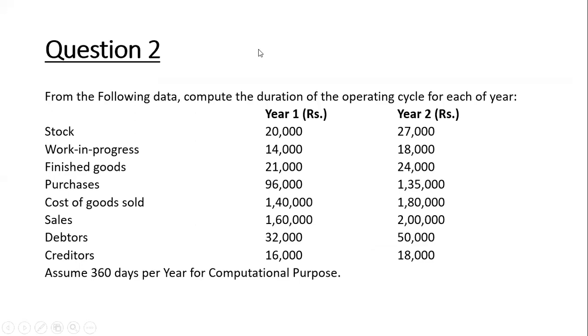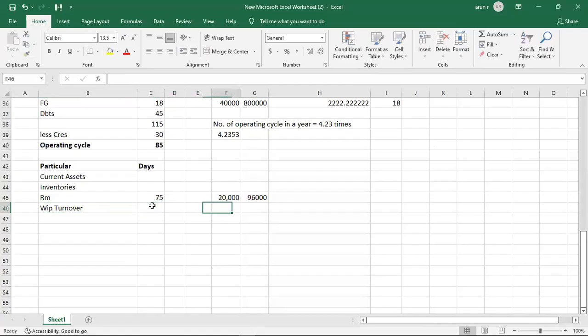Here we take cost of goods sold, 1,30,000, for the first year. This divided by 360.